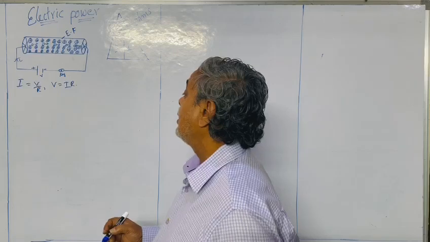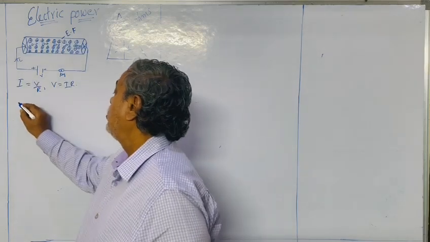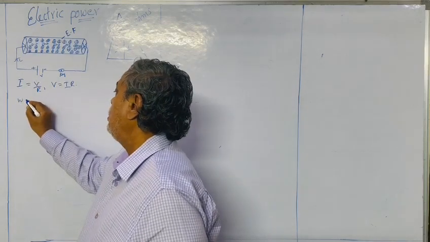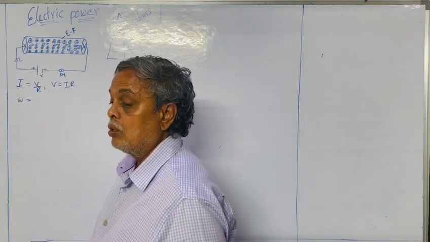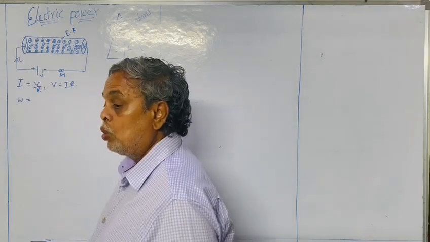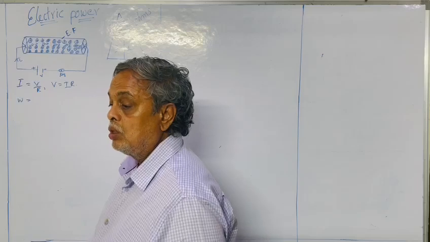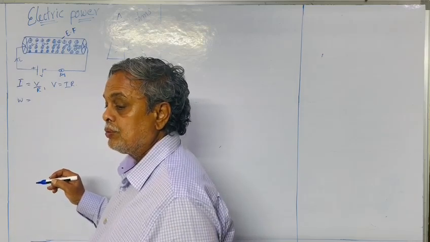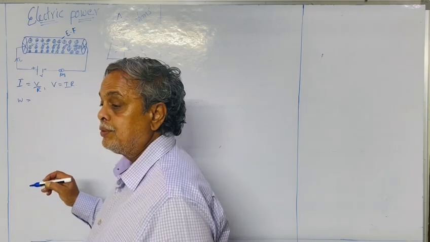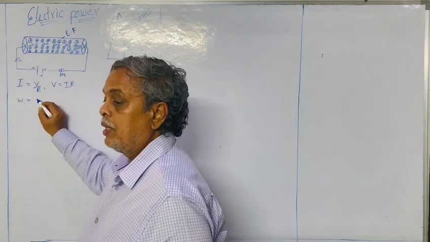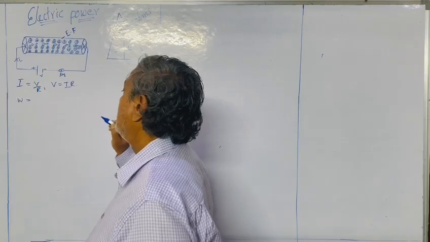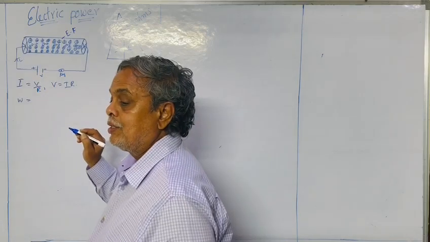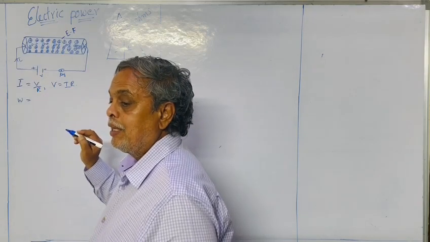Then work done is equal to, what is work? Work is joule by coulomb. Work done is equal to charge times voltage.